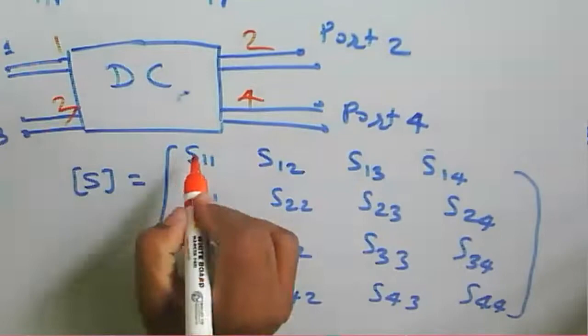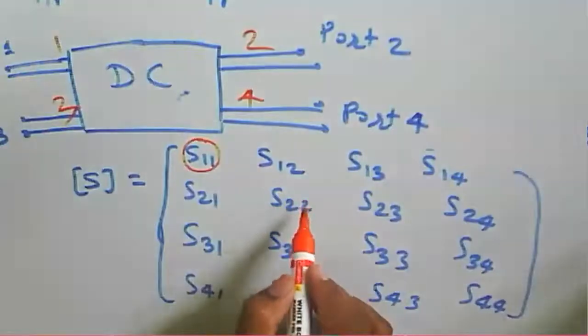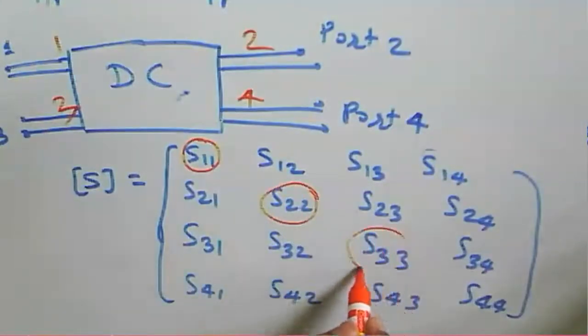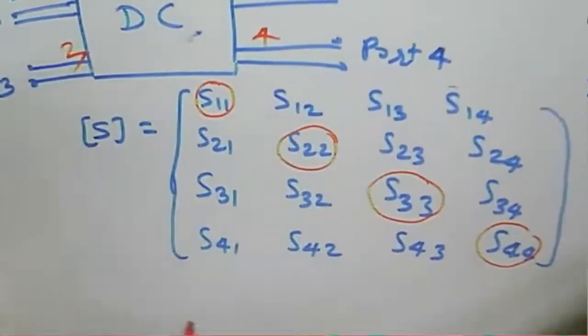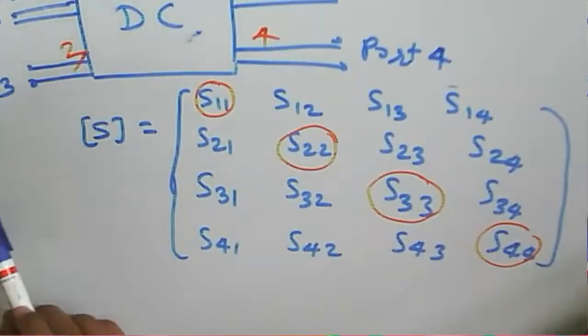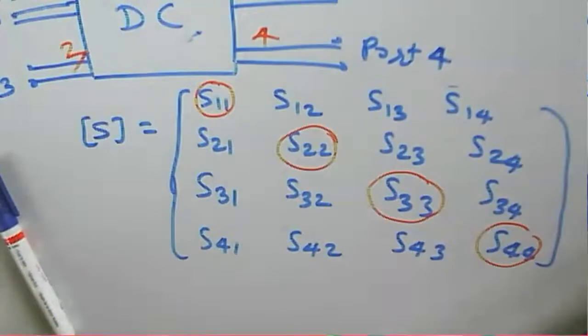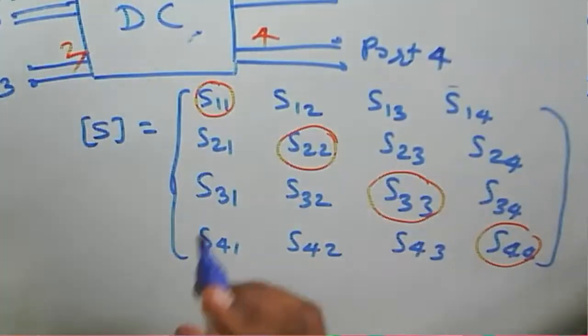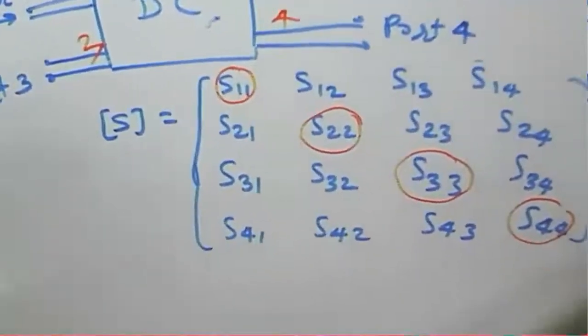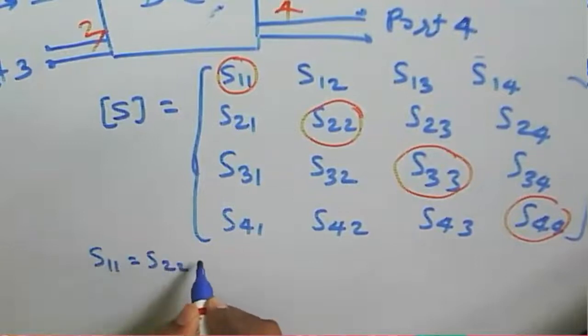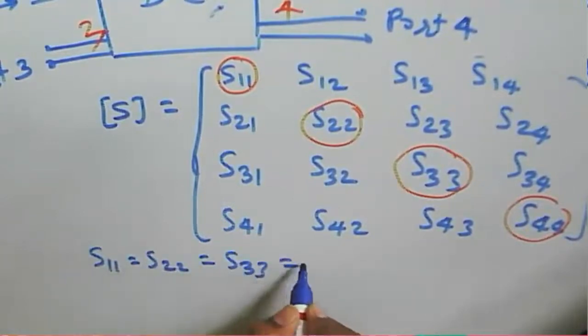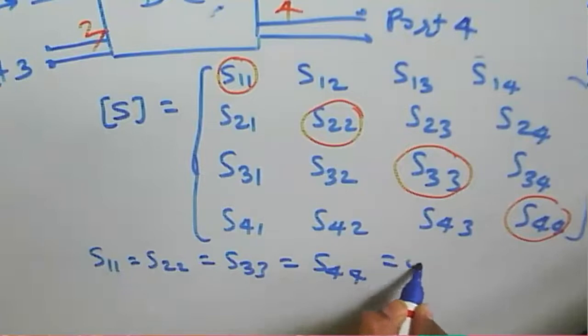That's why S11, S22, S33 and S44 become 0. That is the matching condition: S11 is equal to S22 is equal to S33 is equal to S44 is equal to 0.